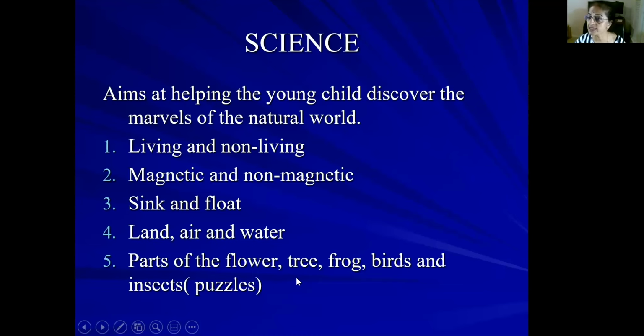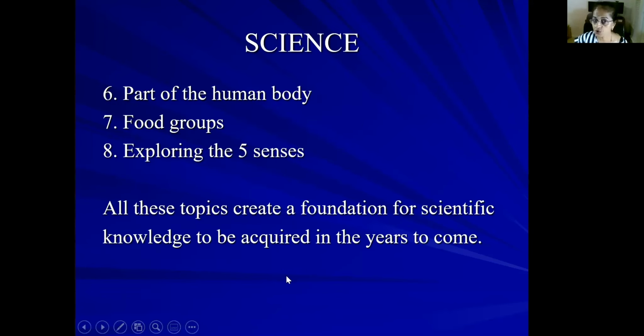Science goes with the language, so when you go into the class, you will see science to the right end corner, on the shelf, and you will see words such as living and non-living, magnetic, non-magnetic, sink and float, land, air and water, parts of the flower, tree, frog, birds and insects, parts of the human body, food groups, exploring the five senses.